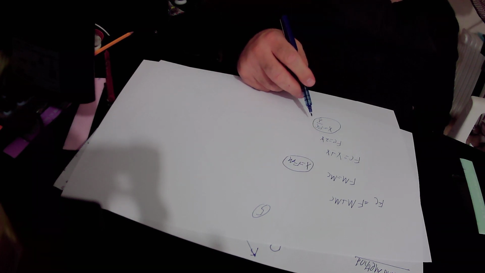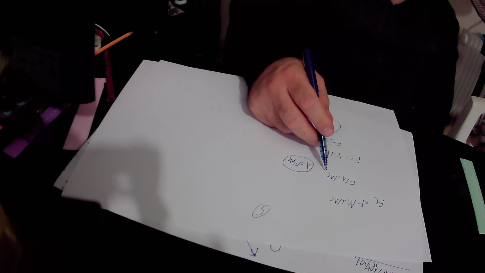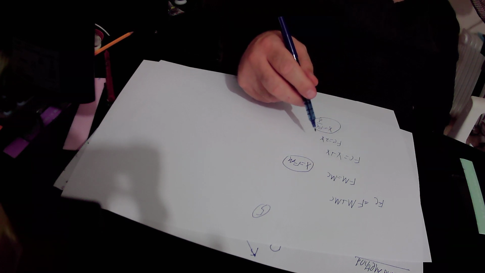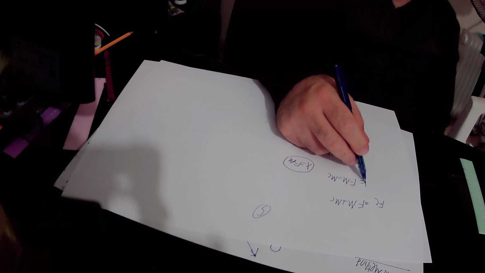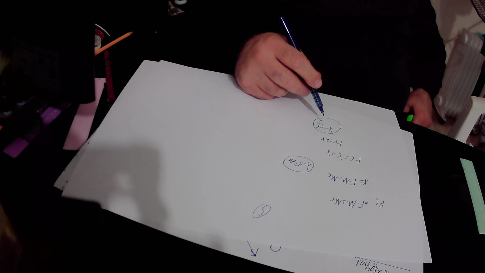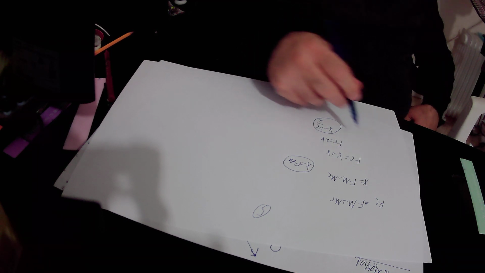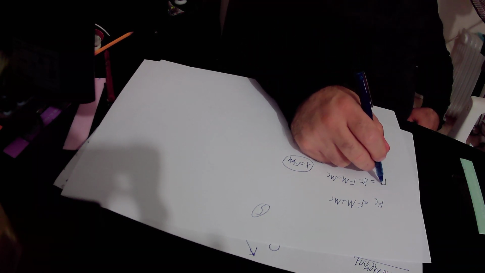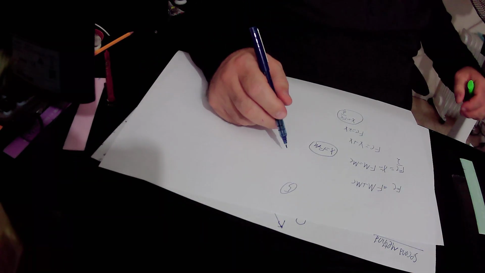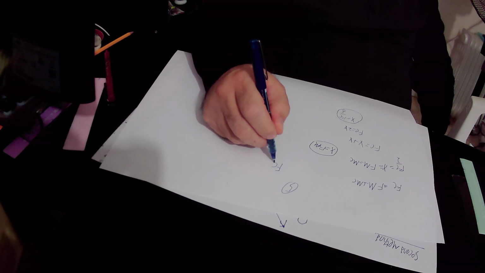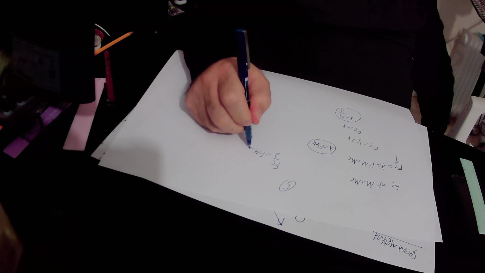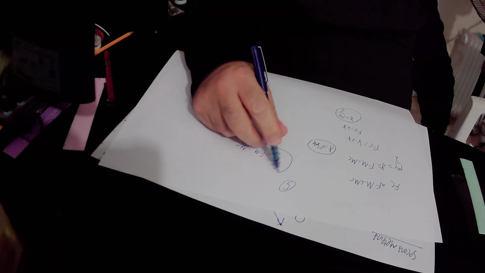So FM equals MC equals x, and we found out that x equals FC over 2. So in conclusion, we found out that FC over 2 equals FM equals MC. Okay?